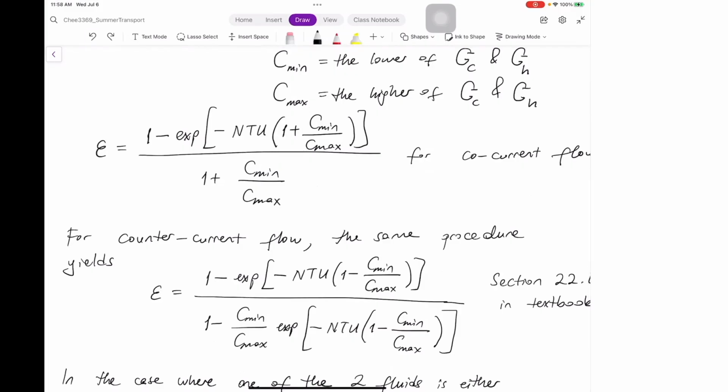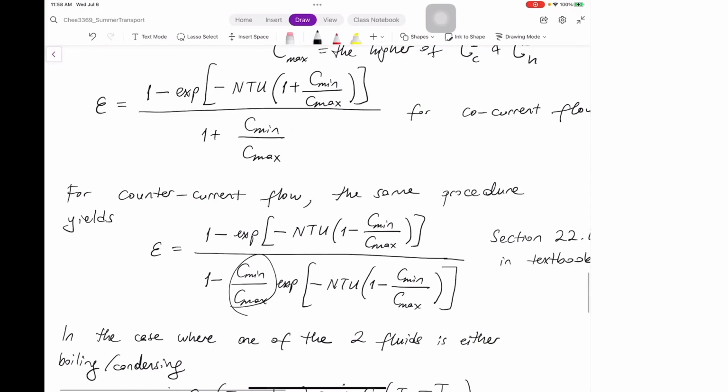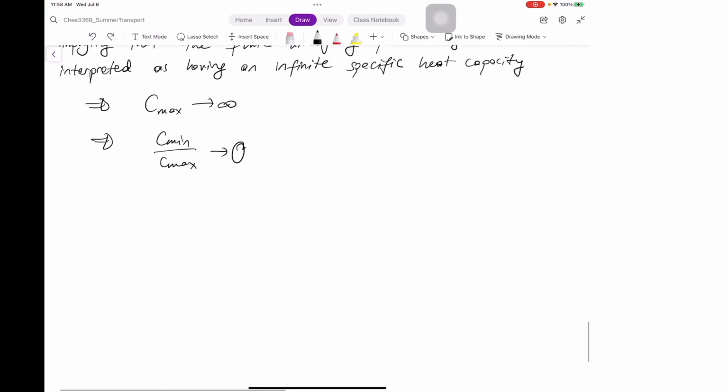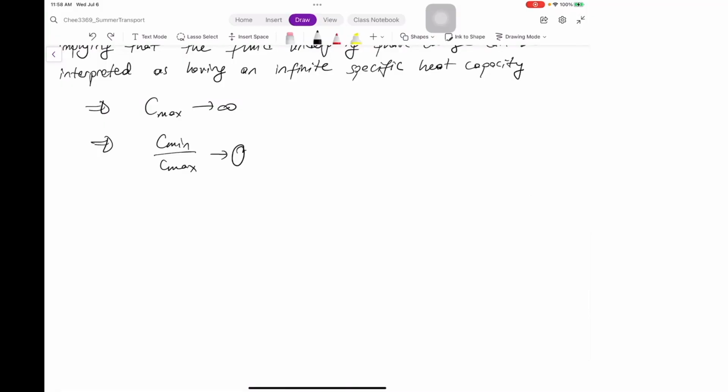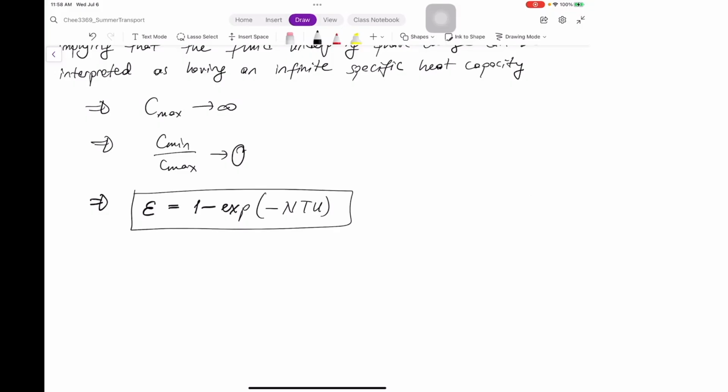For either case, you have 1 in the denominator. So the epsilon reduces to one minus exponential negative number of transfer units for this particular specific case.